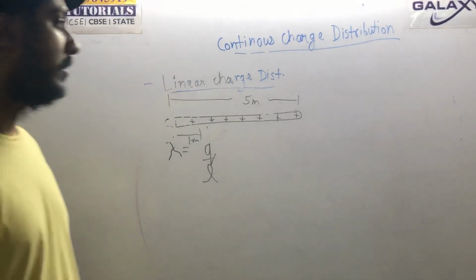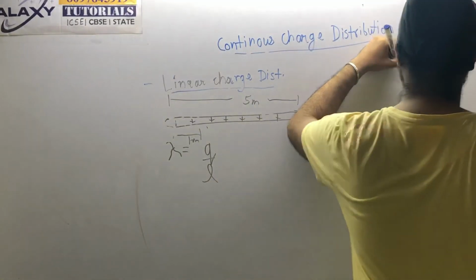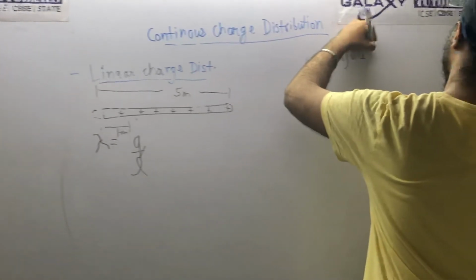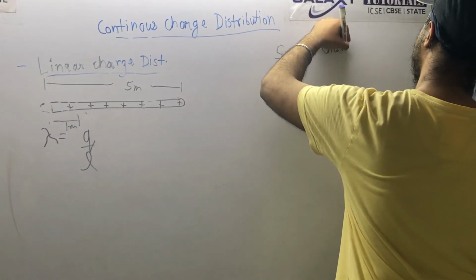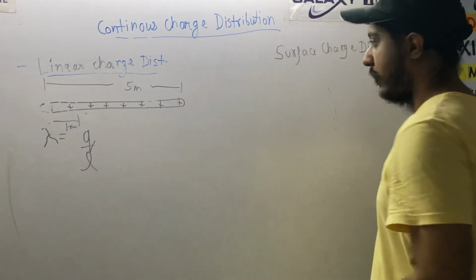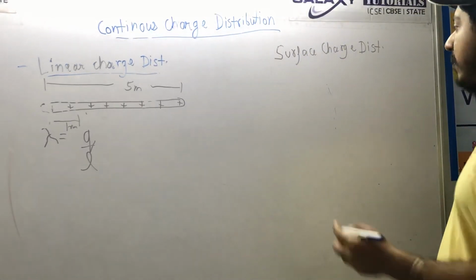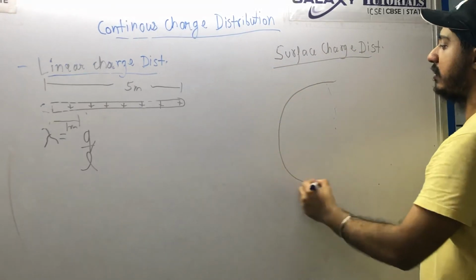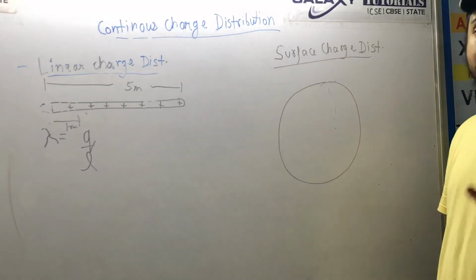Next one is surface charge distribution. As the name suggests, it's very simple. Surface charge distribution is when the charge is equally distributed along the surface area of a body.